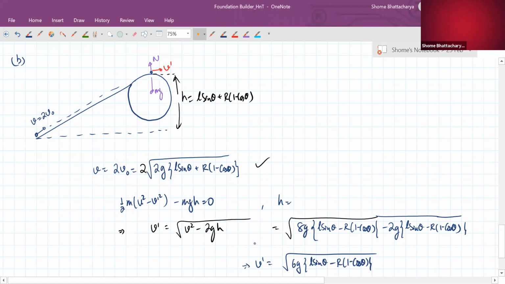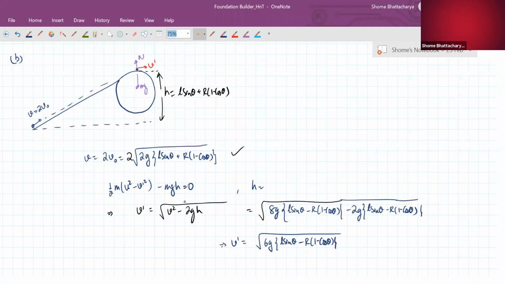So once we've got the v prime for this given value of v, next thing what we'll do is we'll find the normal reaction from the free body diagram.